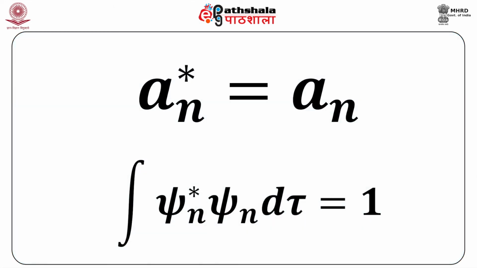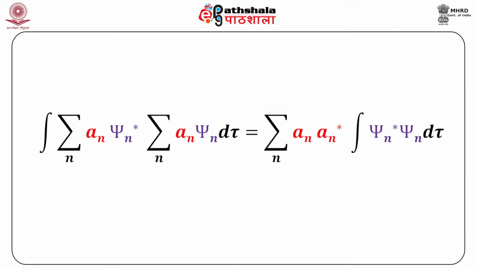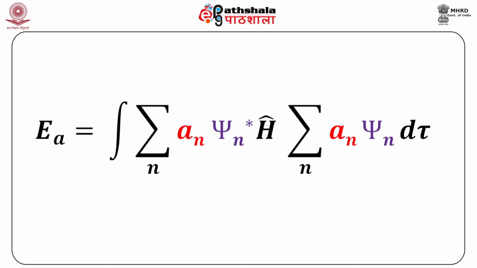And if we consider all variational coefficients to be real and assume psi n to be normalized, that means the integral of psi n star psi n d tau is equal to 1, then one can expand the above equation as you can see here, and one gets the approximate energy EA to be given by the relation EA is equal to the integral of summation an psi n star h cap summation an psi n d tau.